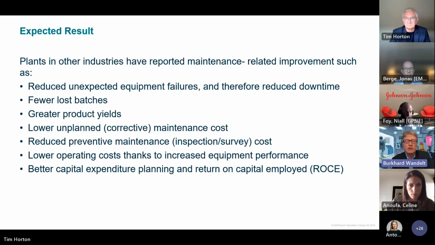Maybe we have fewer lost batches with that, and greater production leads even. Then we have lower unplanned corrective maintenance cost, reduced preventive maintenance cost, lower operating costs thanks to increased equipment performance, and also a better use of our expended capital. Next, please.